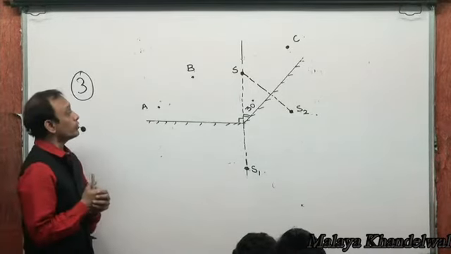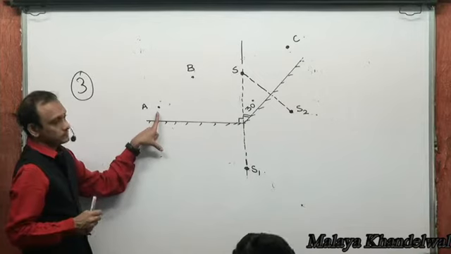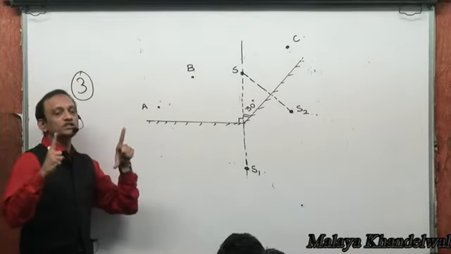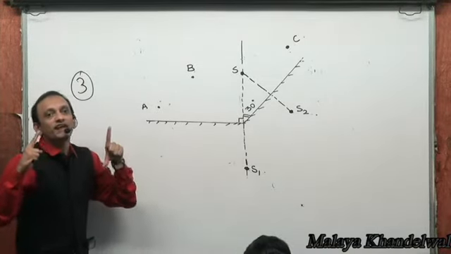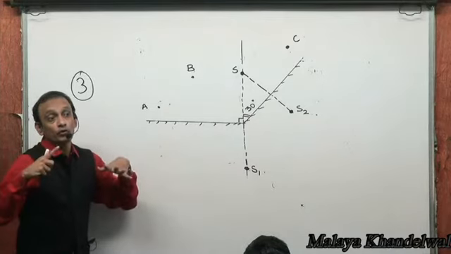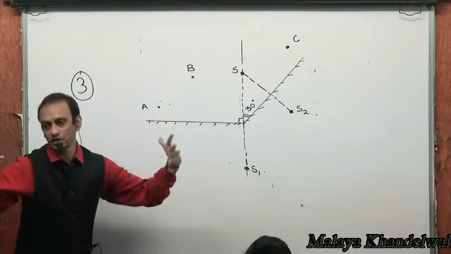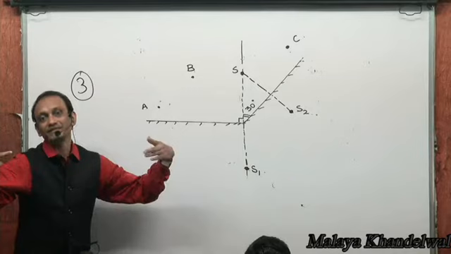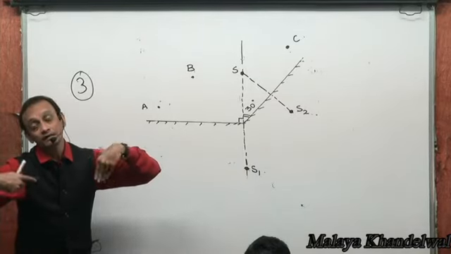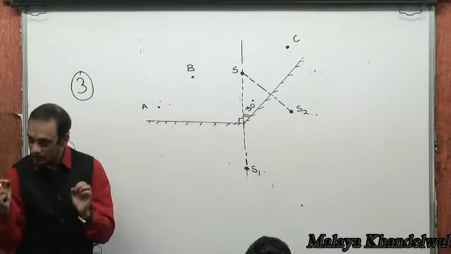Now, look at A. If there is a reflected ray that seems to be coming from the image to an observer, then that image is seen by the observer. You know what I'm saying?